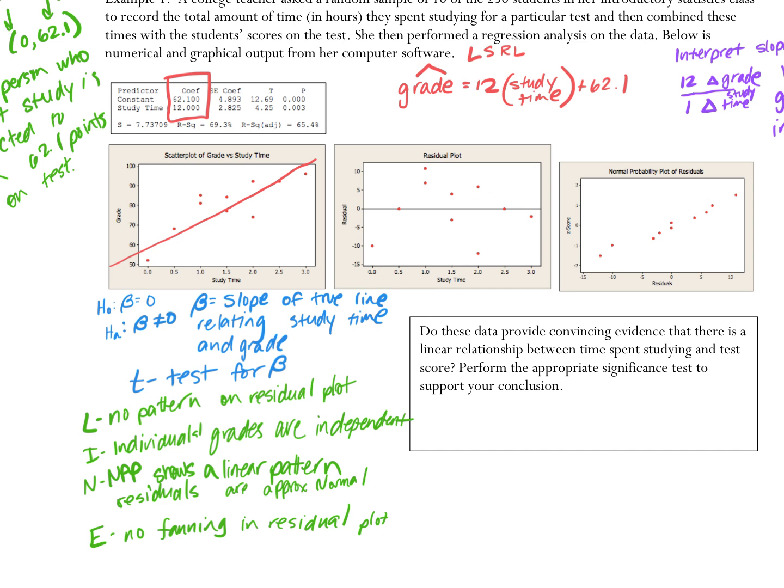I would bet thousands of dollars. I would bet my entire year's salary that you will not be checking the conditions on a linear regression inference on the AP exam. I have to teach it to you because it's in the AP curriculum. I would bet my entire salary for the year that you won't have to do that. Okay, cool. I'm not going to shake on it or anything because that's pretty risky, but I would be flabbergasted if you had to do this on the AP exam.